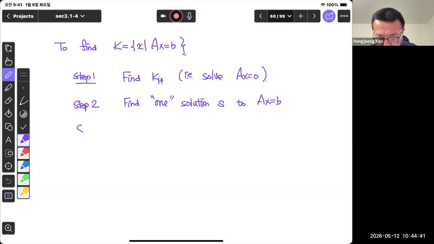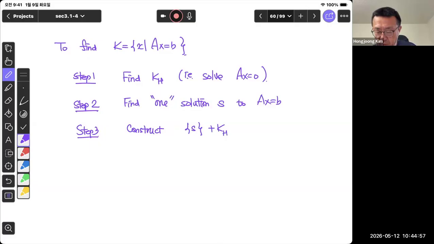Step 3, construct this one. In other words, add this one particular solution to each vector in K sub H. Then you will find all the solutions to the AX equals B problem.